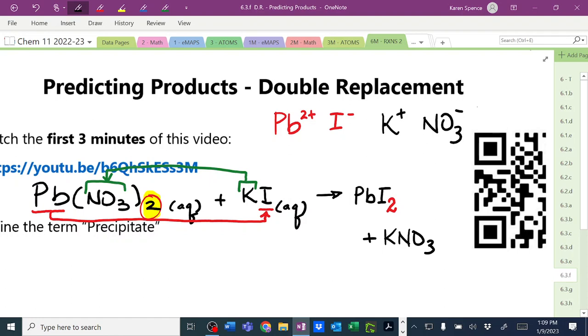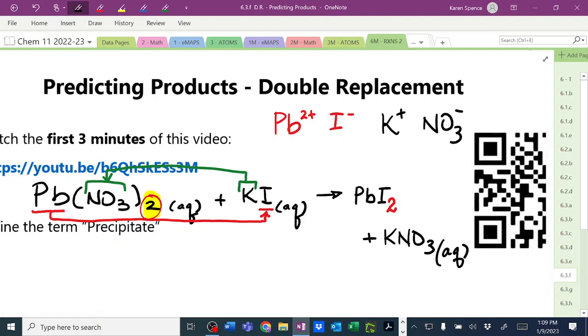It's the KNO3 because potassium is an alkali. All alkali salts are soluble. It also has a nitrate, and all nitrate salts are soluble. So that means that from both sides, this thing is as soluble as it gets, right? So it's aqueous. And we did get a solid.